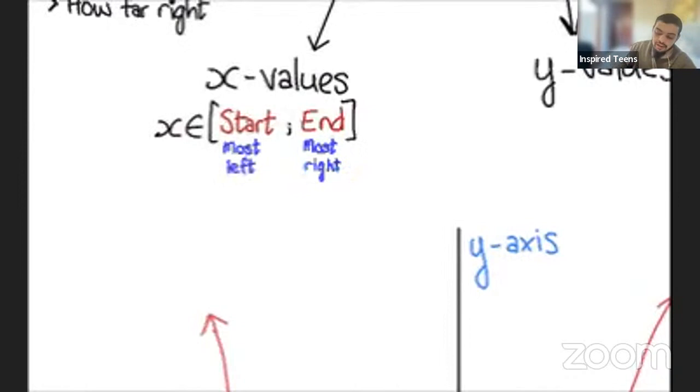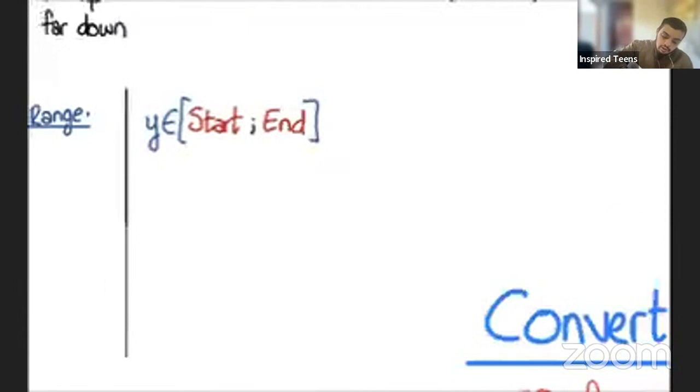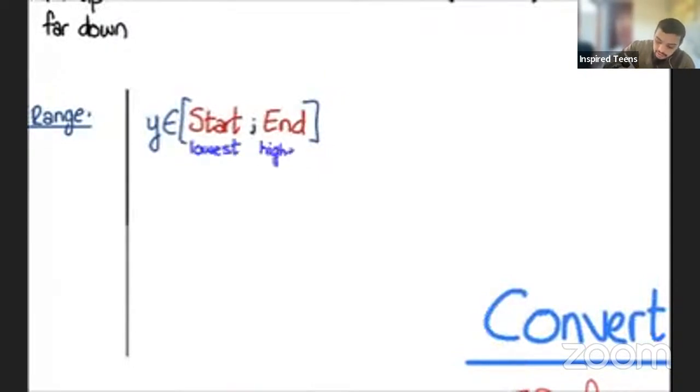The start value is the most left value because it's an x value, so it has to be left and right: start is left, end is right. And then for the range, the start has to be the lowest value, as in the most bottom value, and the end has to be the highest value.